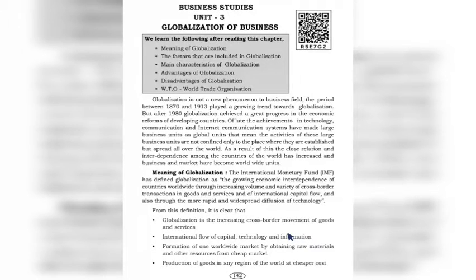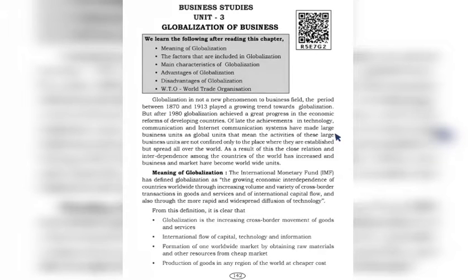But when it starts exporting its products to other countries like USA, UK, Japan, then it becomes a global unit. Why? Because it has started doing business transactions with other countries also. When it is restricted to doing business in its own country, then it is called a domestic unit or domestic company. Okay, let's move forward.